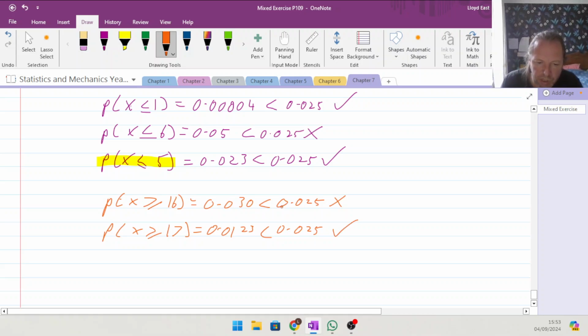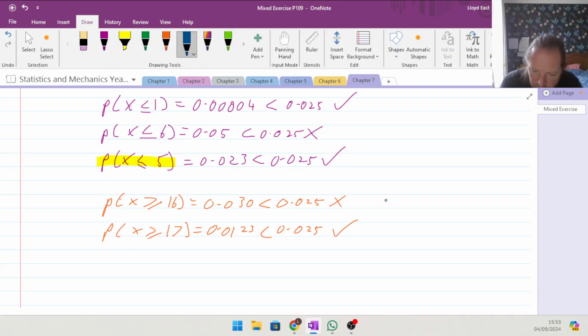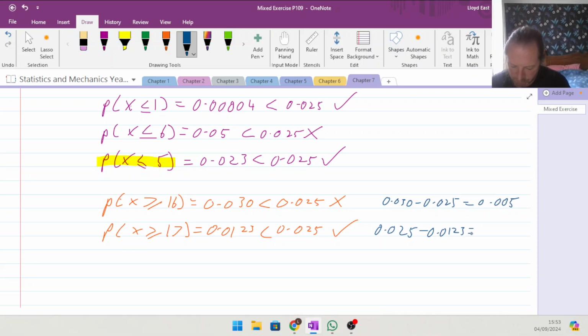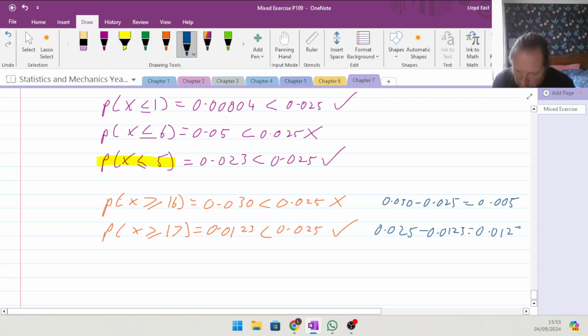But just looking at the difference between them: 0.030 take away 0.025, we get 0.005. But if we do 0.025 take away 0.0123, I never like decimal takeaways like that, then we get 0.0127.